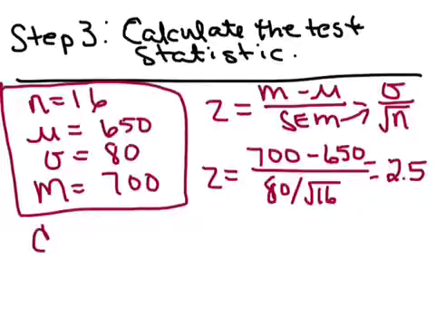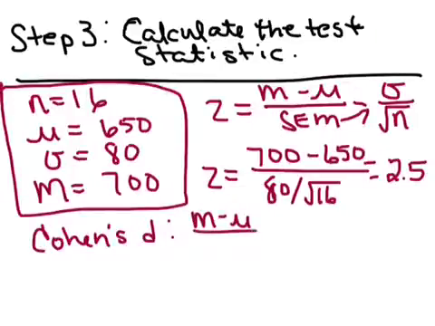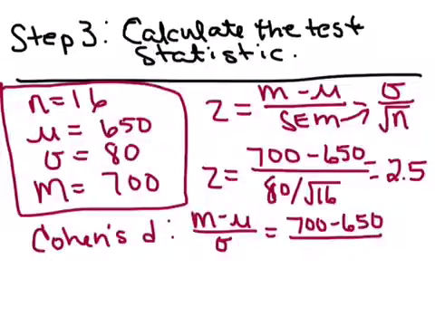Cohen's d is very similar to the z equation, but it's just the standard deviation in the denominator instead of the standard error of the mean. So we end up with 700 minus 650 divided by 80.